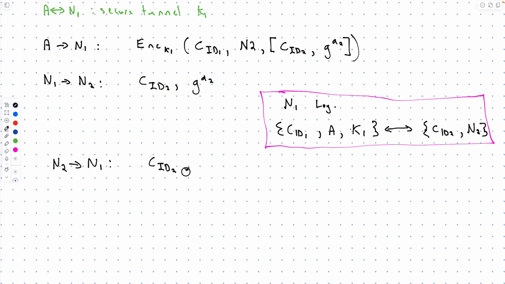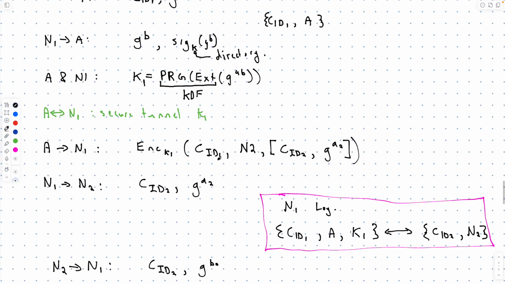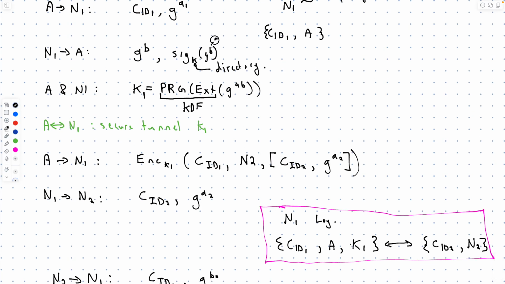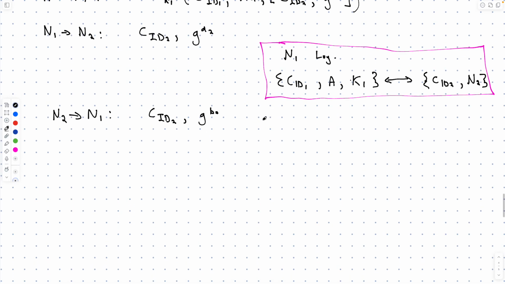It's going to send its Diffie-Hellman key. I'm using B here, like the server, like for Bob. So it's going to send G to the B2, and it's going to sign it. The key that it signs it with is N2's key, out of the Tor directory.